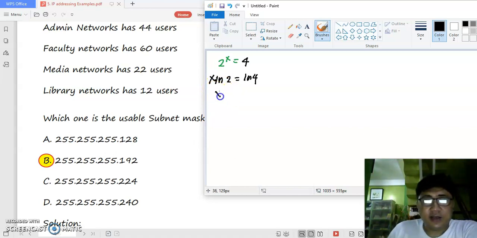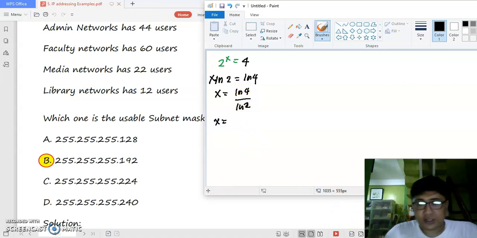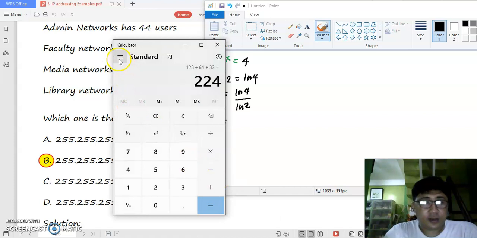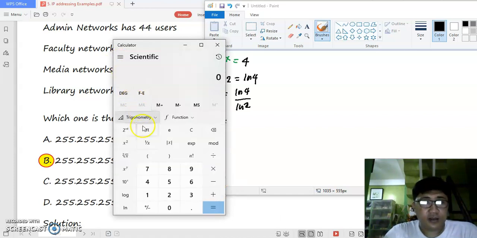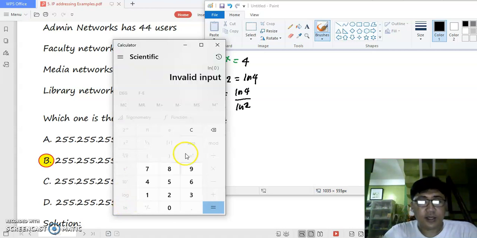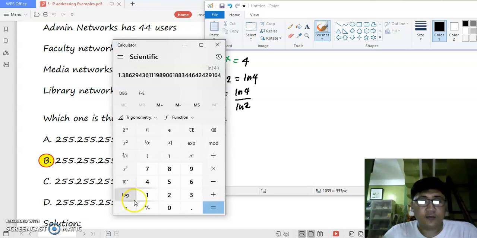After that, x is equal to ln of 4 over ln of 2. Let's try your calculator. Use scientific. ln of 4 divided by ln of 2.